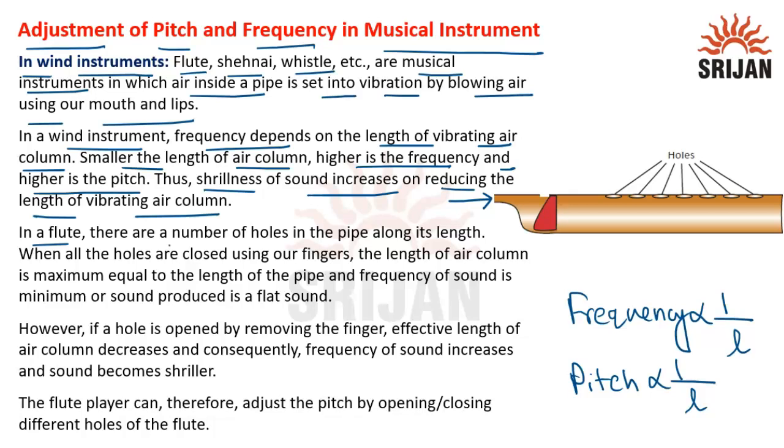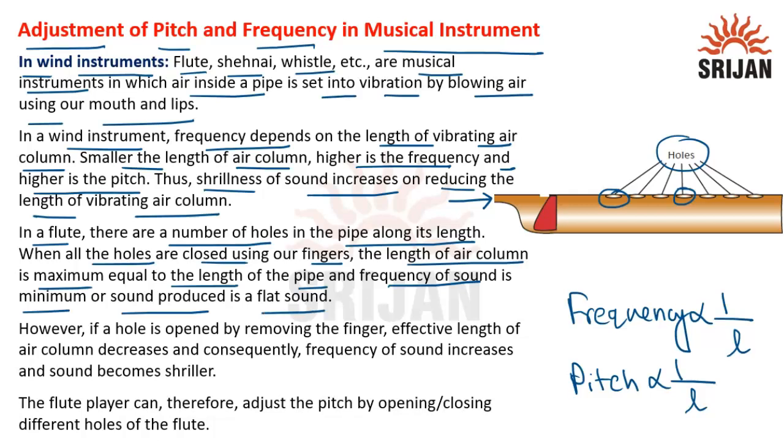In a flute, there are a number of holes in the pipe along its length. So these are the holes. When all the holes are closed using our fingers, the length of air column is maximum, equal to the length of the pipe, and frequency of the sound is minimum, or sound produced is a flat sound.